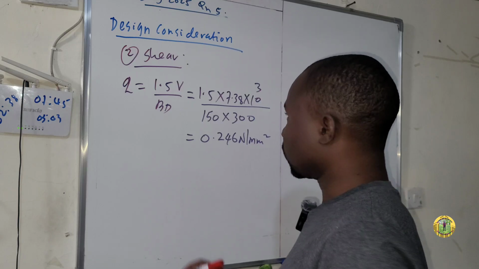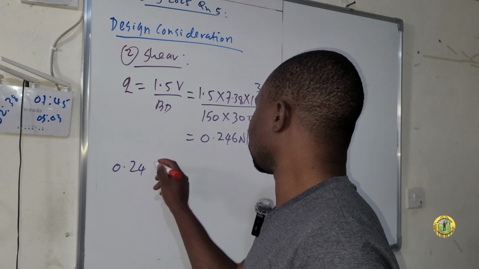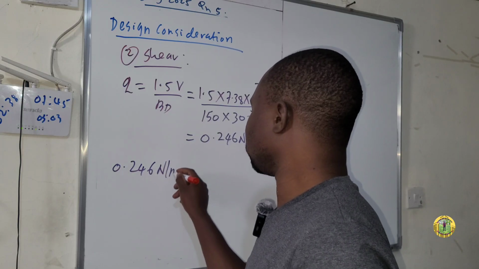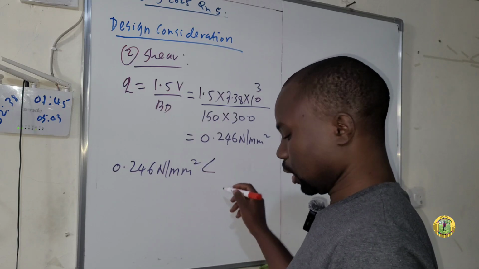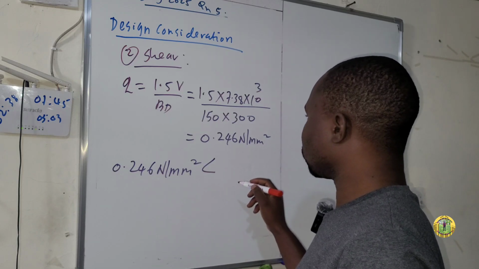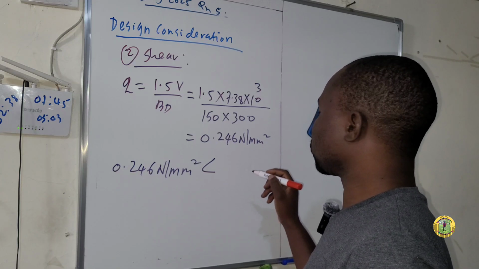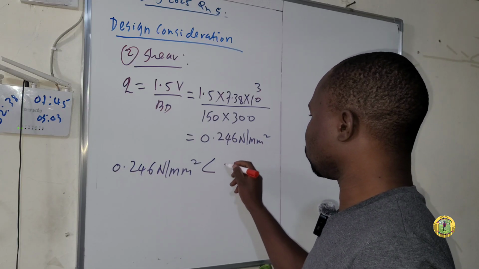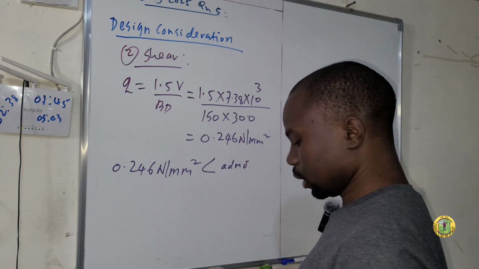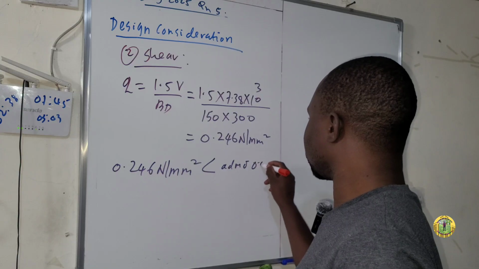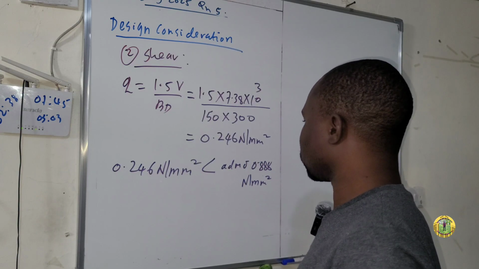So it means 0.246 Newton per millimeter square is less than the permissible shear stress, and it is 0.888 Newton per millimeter square.